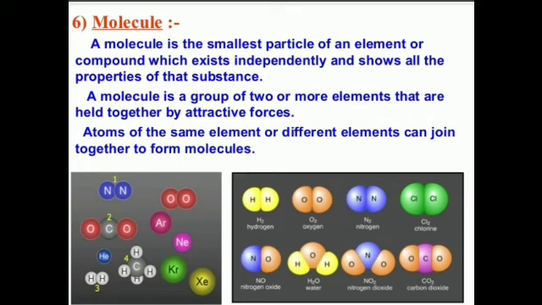See, when a symbolic representation of a molecule of a substance is done by the actual number of various atoms present in it, then it is termed as molecular formula. Okay, so each and every substance has its own molecular formula, and the number of atoms present in that molecule is termed as atomicity.